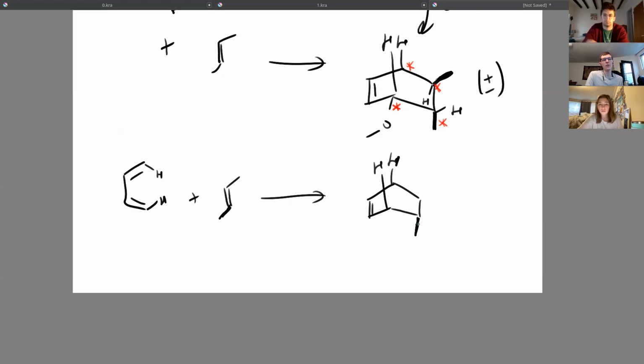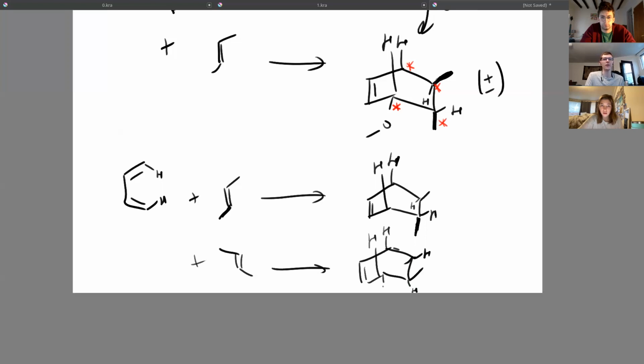Well, now we can get one methyl pointing down and the other one pointing up, or we can get this to happen. All right, and here's the methyl pointing down. And yeah, that's right. Okay, right?